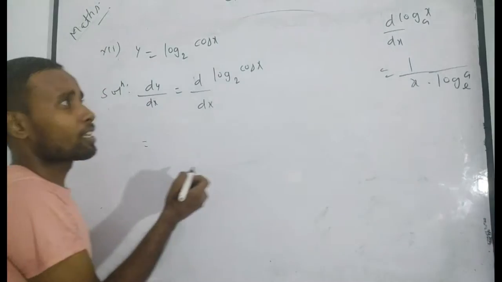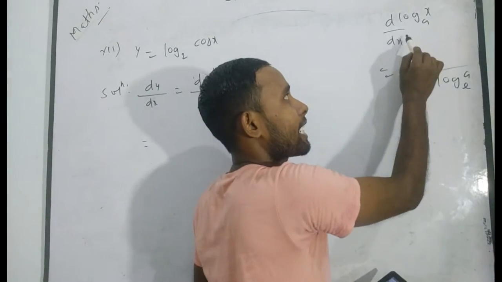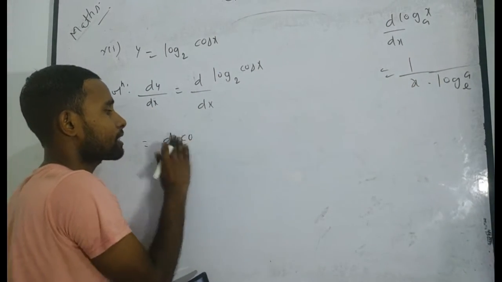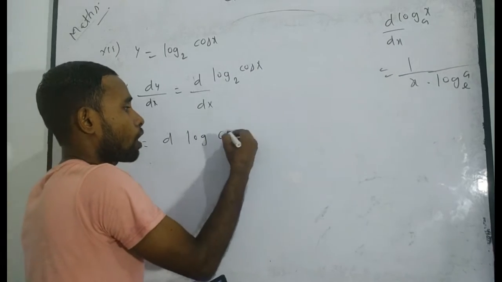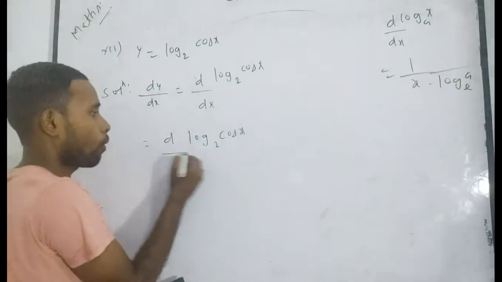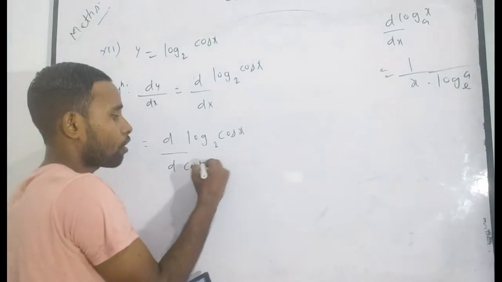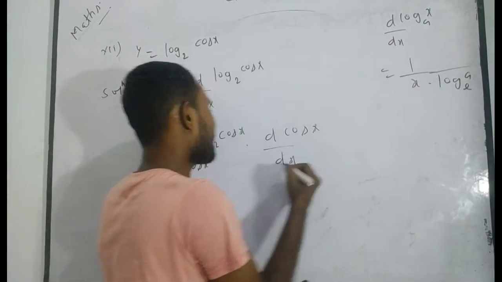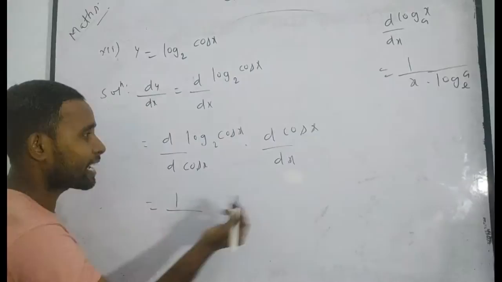As you know, log x to the base a is directly differentiated with respect to x. That's why I have to differentiate here log cos x with respect to cos x directly firstly, and again you have to differentiate cos x with respect to x. In that case it becomes 1 upon x.